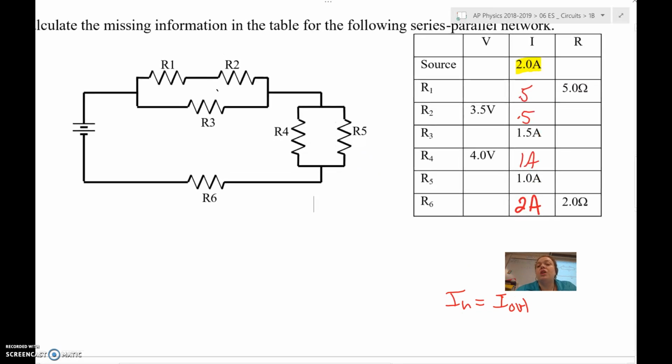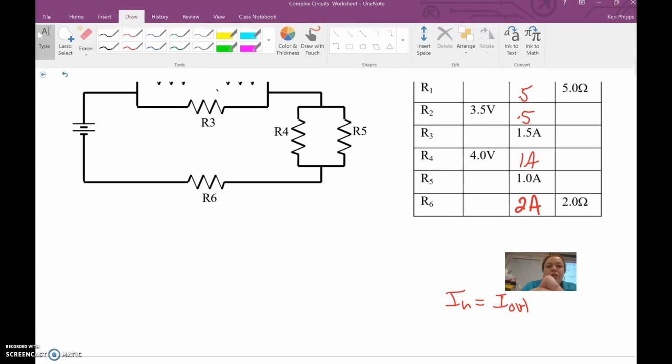Now we're going to look at voltage. Kirchhoff's voltage loop rule says that the sum of the voltages around a closed loop must equal 0.